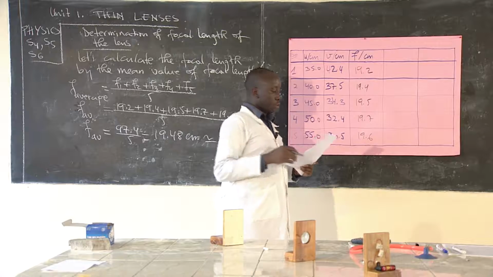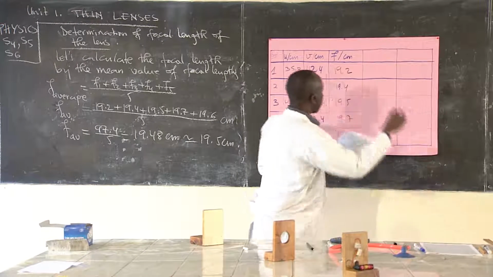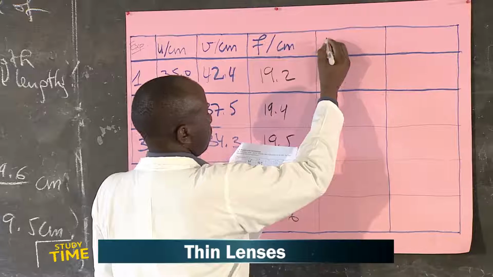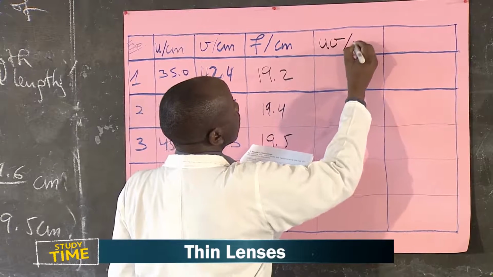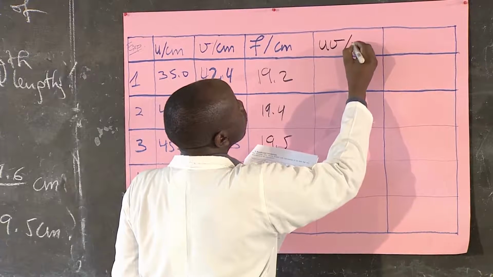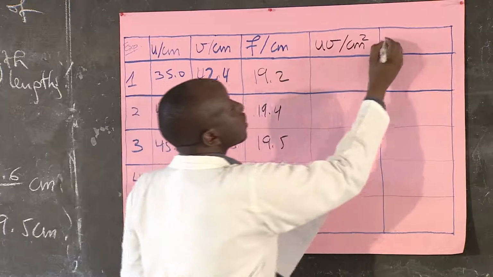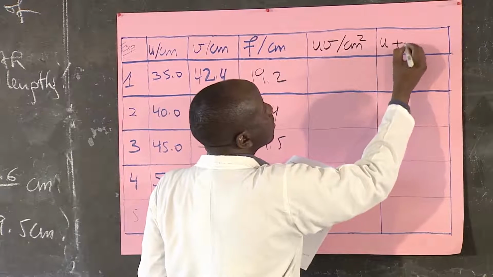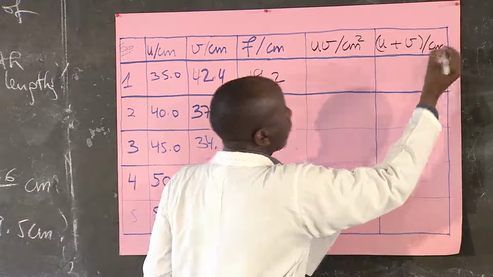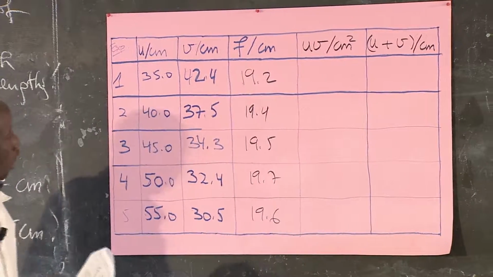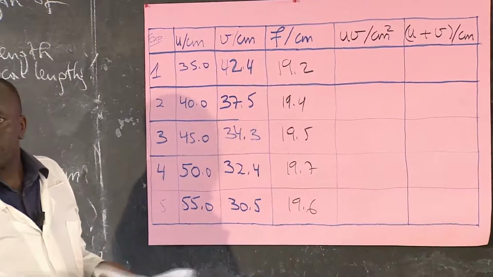We have used a procedure into which we have U, then V. This is expressed in centimeter square because it is a product, and this is U plus V, and then here it will be centimeter. So then after, we take this times this one, and we find, okay?